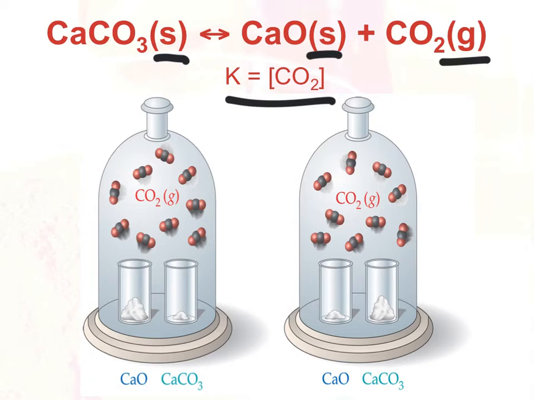Now please understand, even though we exclude the solids and liquids from the equilibrium expression, it does not mean that their presence doesn't matter. The reality is that these reactants or products have to be present in order for equilibrium to occur.